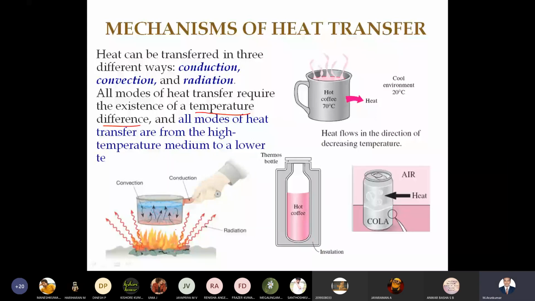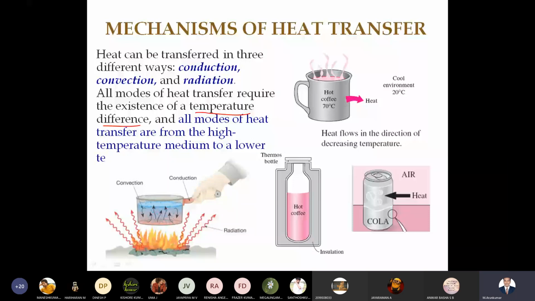So for example, take this first example. To heat water in a container, we may feel these three modes of heat transfer. First, the conduction process.